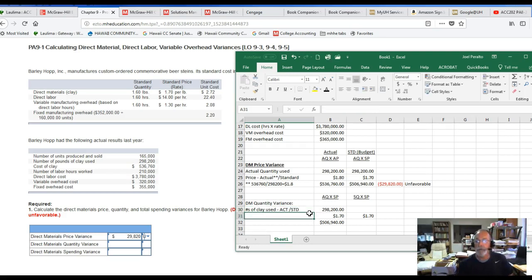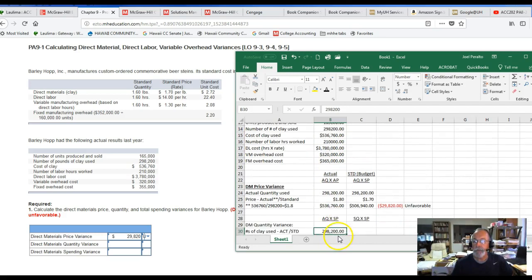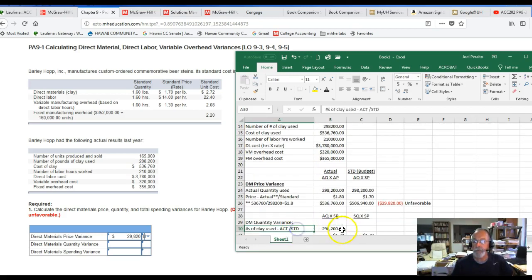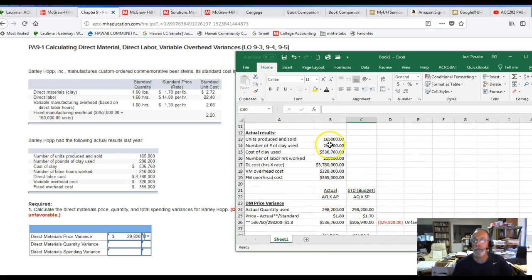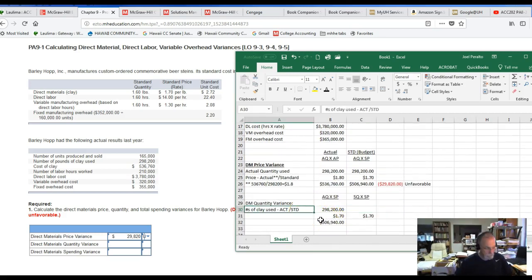Let's try that. Okay, so our actual pounds of clay used is 298.2, whereas our standard quantity based on units produced. Let's try that here.